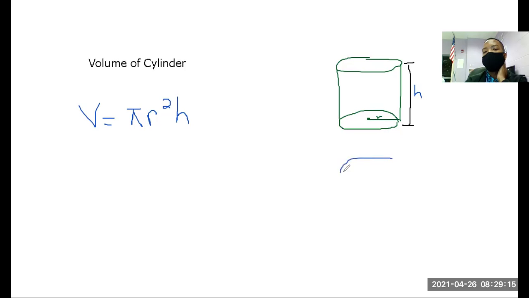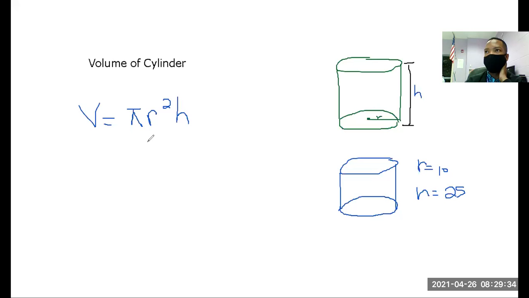All right, so if you have a question, I'm going to put a question on here real quick. The same one that we just did. So the radius is 10 and the height is 25. All you do is you take those numbers and you put it into your formula.